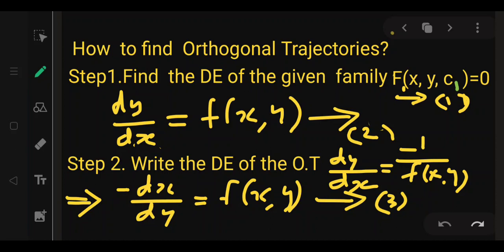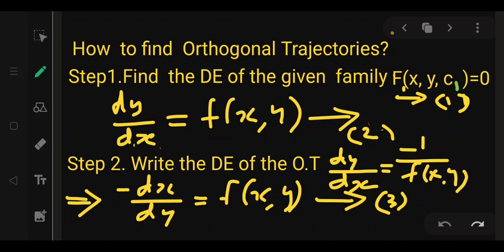Hence, the slope of the given family is dy by dx equal to small f of x, y. So the slope of the required family, the orthogonal trajectory, will be the negative reciprocal of that of the given family. So its slope will be dy by dx equal to -1 by f of x, y. On simplification, it is equal to minus dx by dy is f of x, y. You call it equation 3.